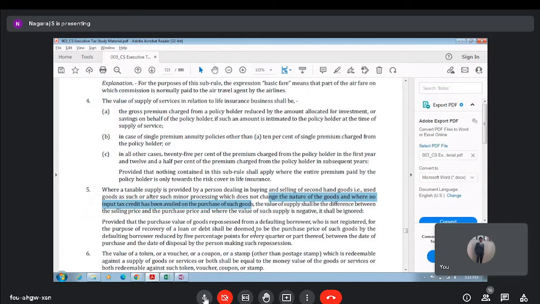This is the first one. Second one, listen. Same car, you have taken through finance, I mean through a bank loan.